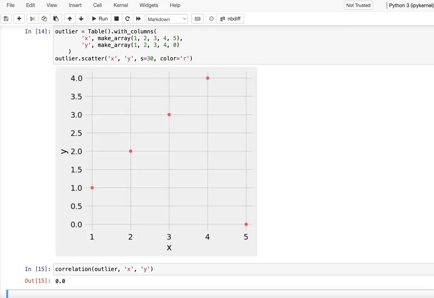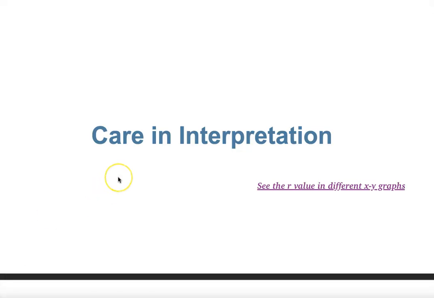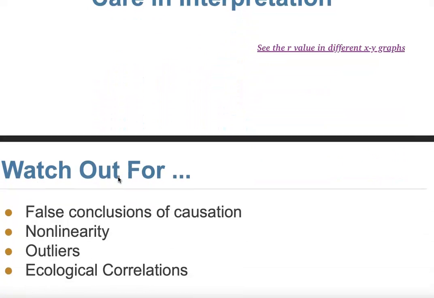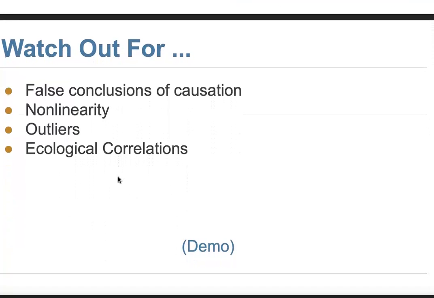Okay, so back to our care in interpretation. We need to watch out when we have the scatter plot, to make sure our conclusions about causation are not false.